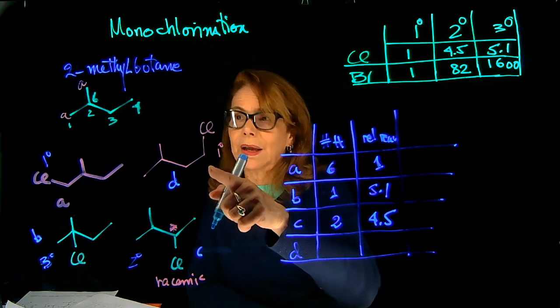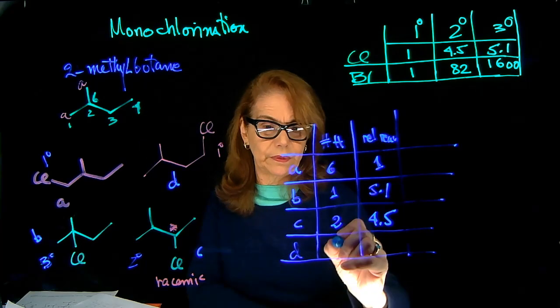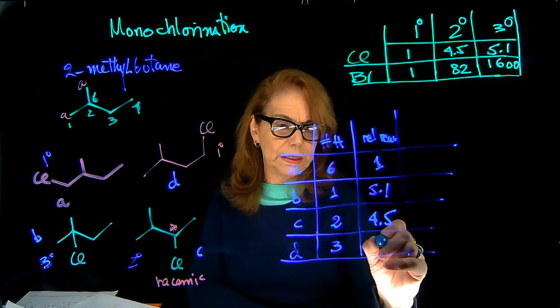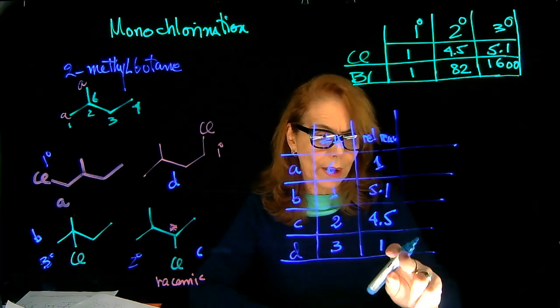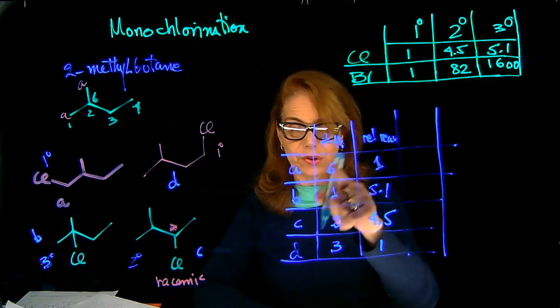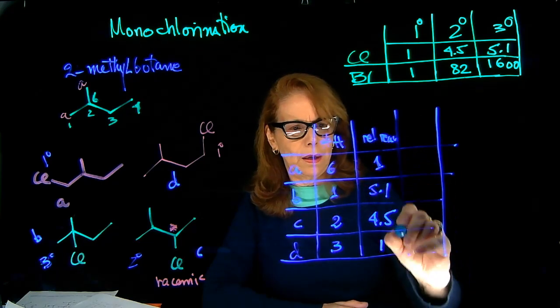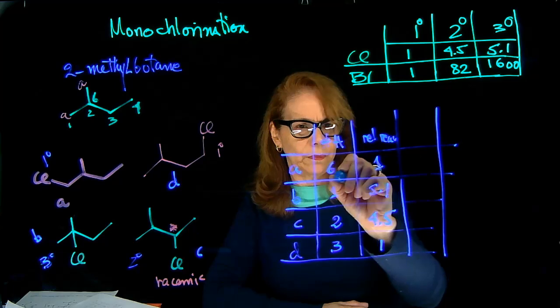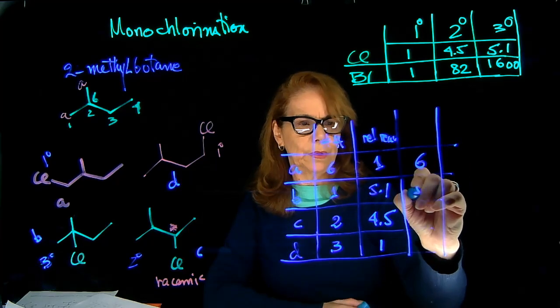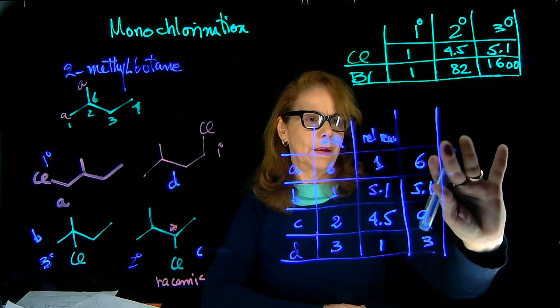Finally, product type D. These are 3 H's that I can replace. I'm going to put a 3 here. Relative reactivity is 1. So now what we're going to do is multiply the number of H's by the relative reactivity. This will give you 6. This will give you 5.1. This will give you 9. And this will give you 3.